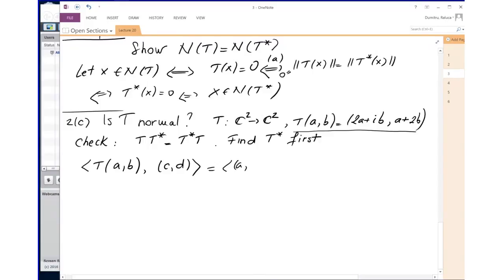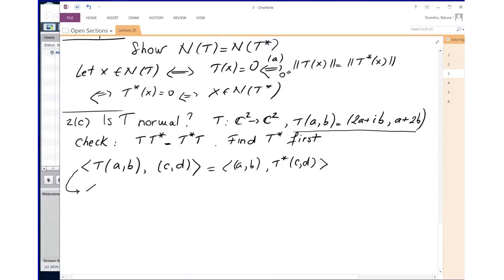This is the same as the inner product between A, B and T star of C, D. Right, so let's work with the thing on the left here, because we have control over that only.